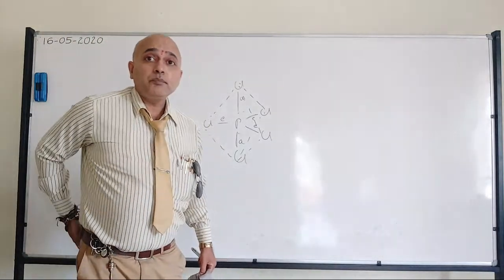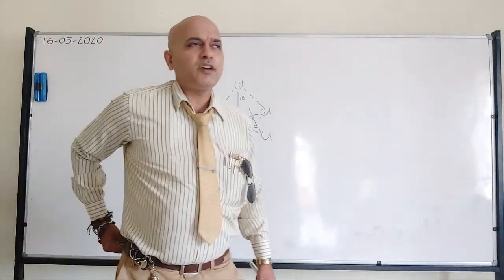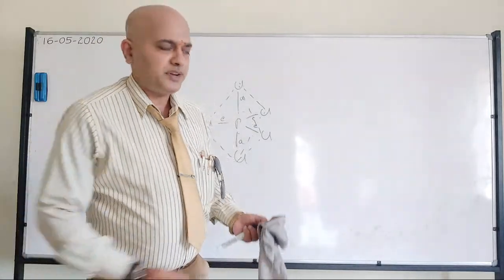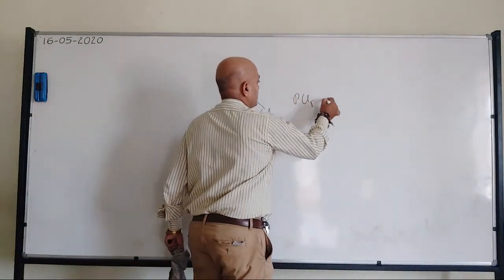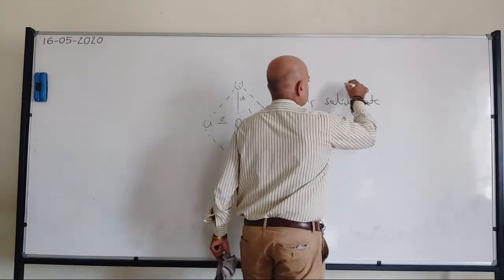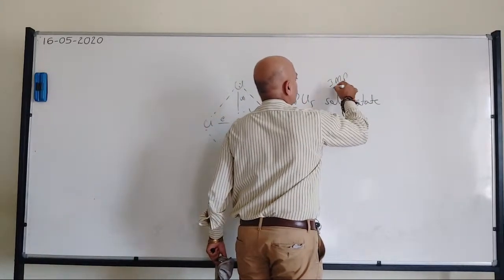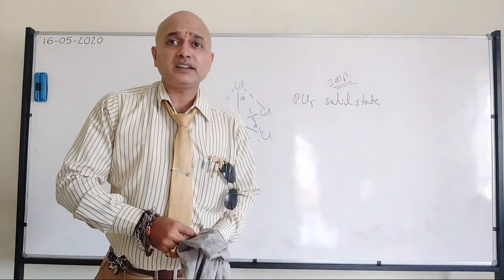Now another very important point here is, in one of the exams, I have forgotten whether it is a board exam or competitive exam. When it comes to PCl5, in solid state, very important point here, it will be like an ionic compound or ionic crystal.